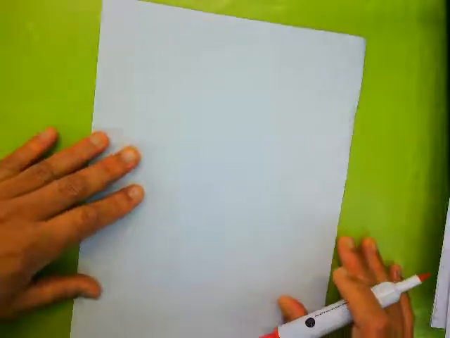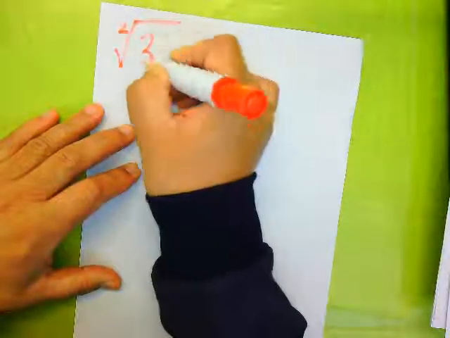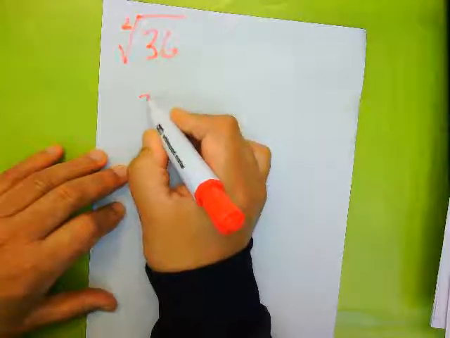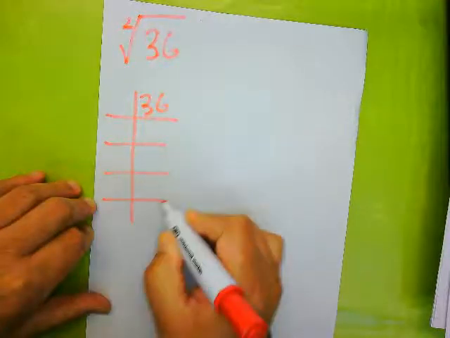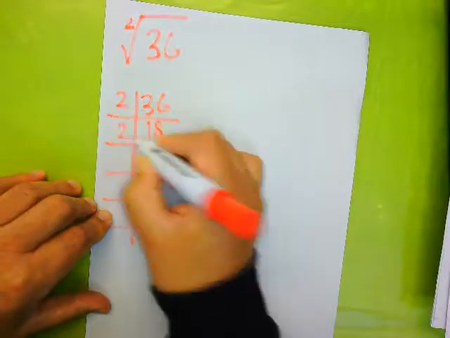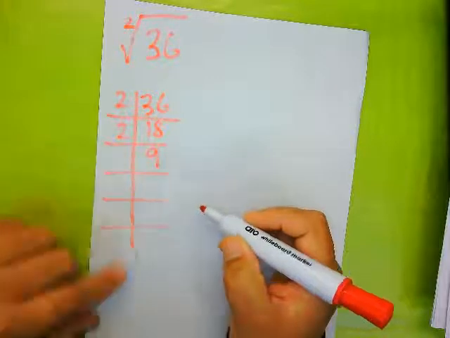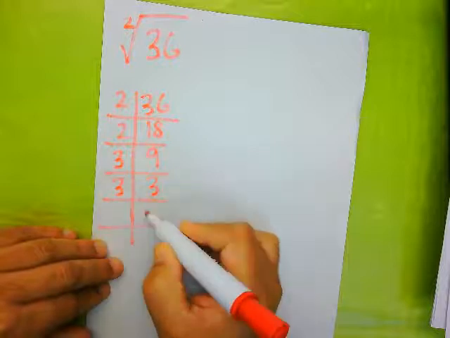I would like to do another example before we end off. Let's say the number is 36 and it's a square root of 36. Okay, we do the ladder method. Right, 2 goes 18 times, 2 goes 9 times, 2 doesn't go into 9, so my next prime number will be 3. 3 goes into 9 3 times, 3 goes into itself once.